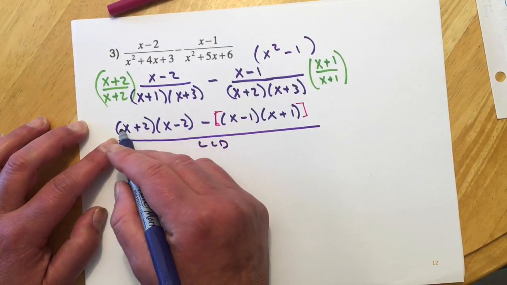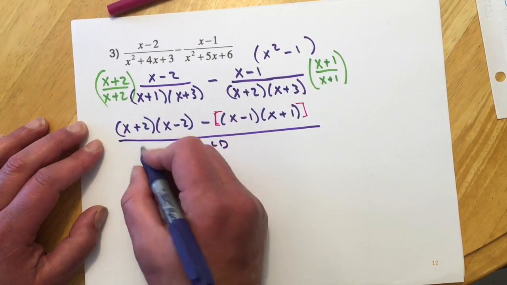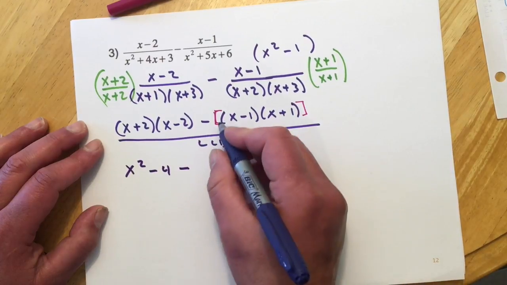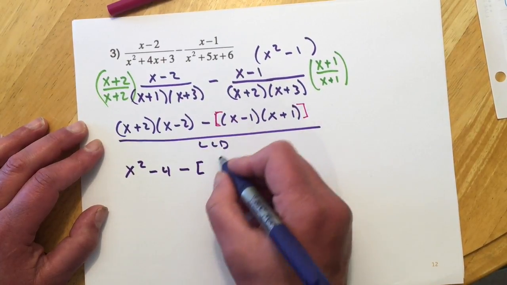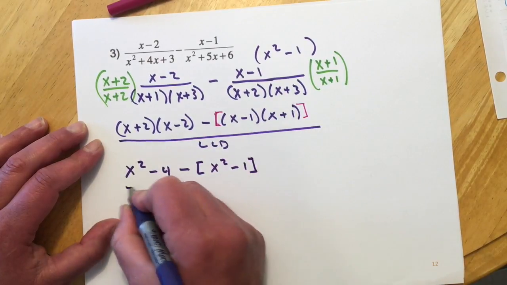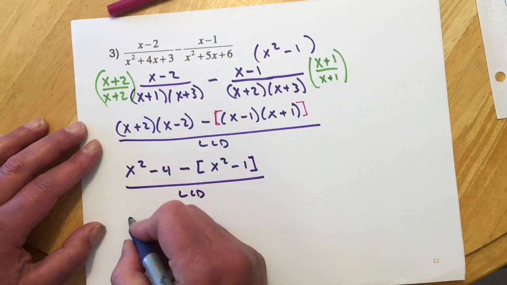If you FOIL them out right, you're going to get x squared and then minus 2x plus 2x, those cancel. So we're getting that difference of squares, which is x squared minus 4 minus, and then that little bracket, that will be an x squared minus 1, over the LCD. And then distribute.